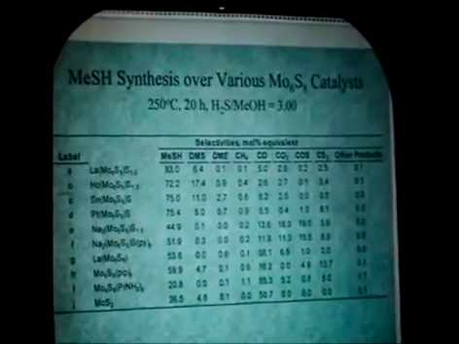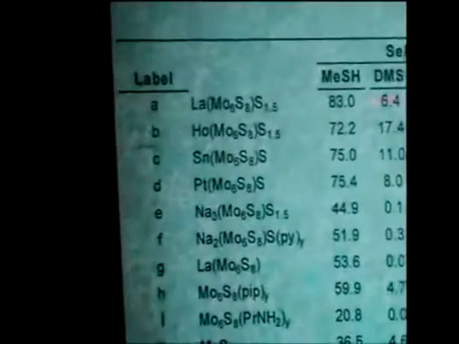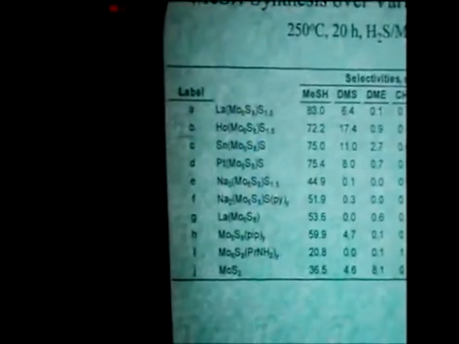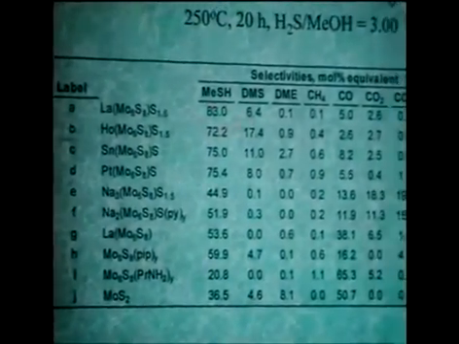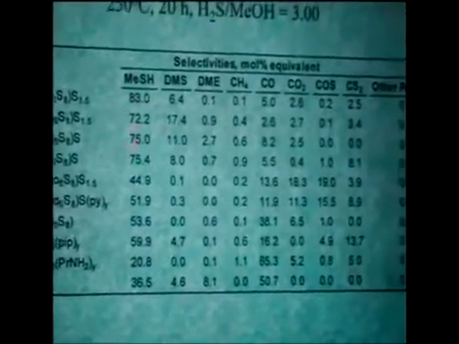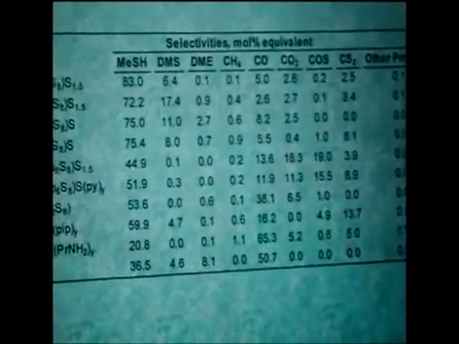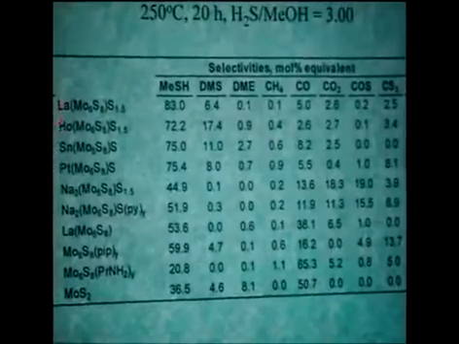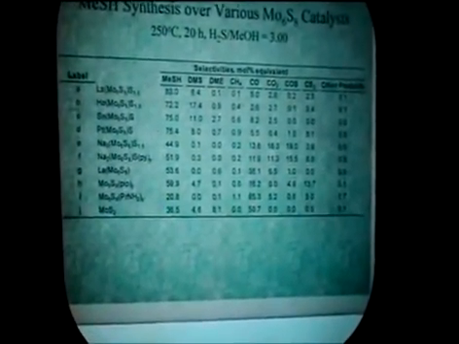This is an extension of the last table, showing selectivities to the products and the major side products produced in the reactions. What you see right away is that selectivities to methanethiol are pretty reasonable and fairly high for lanthanum and holmium. These are the large ion type; if they were Chevrel phases, they'd be called the large ion type Chevrel phases.